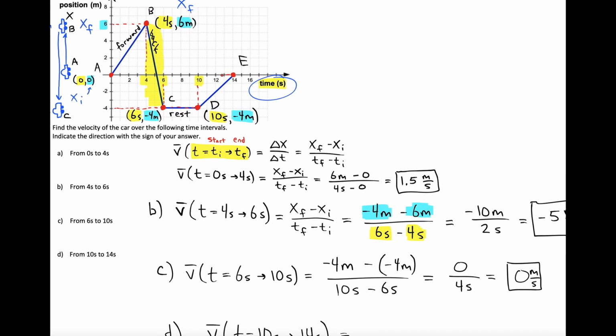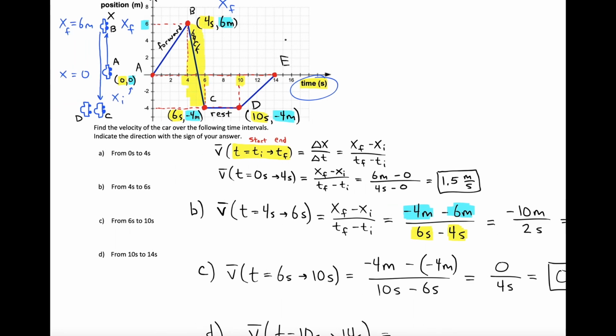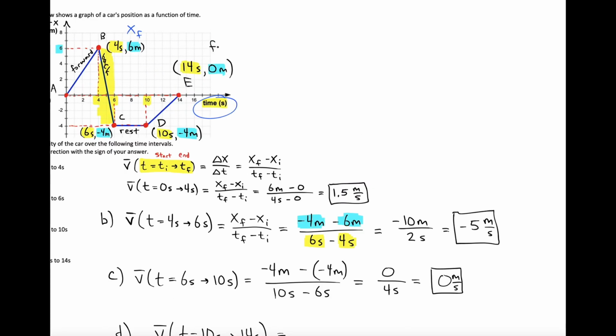If you trace point E over to the vertical axis, you see that it's actually located at an x of 0. So those coordinates then are going to be 14 seconds, comma 0. And let's use those numbers now in our slope calculation. 0 is the final location. -4 is now the initial location.